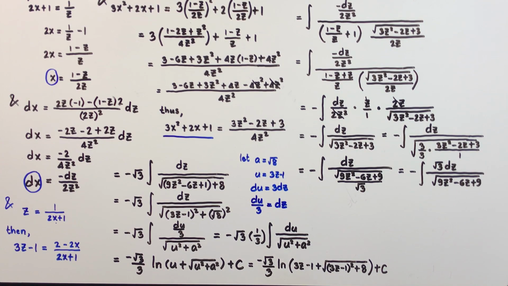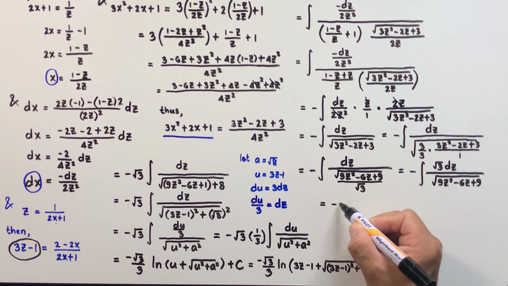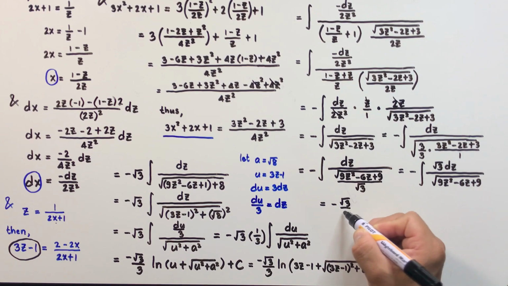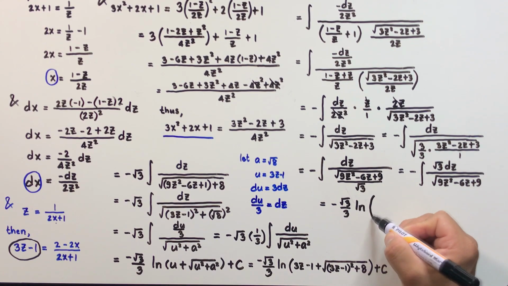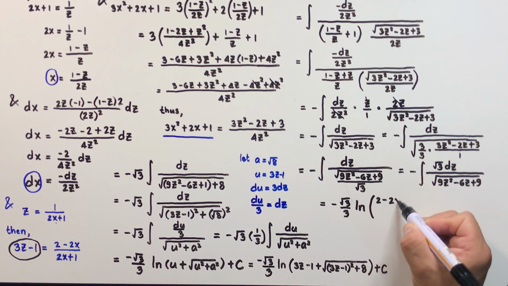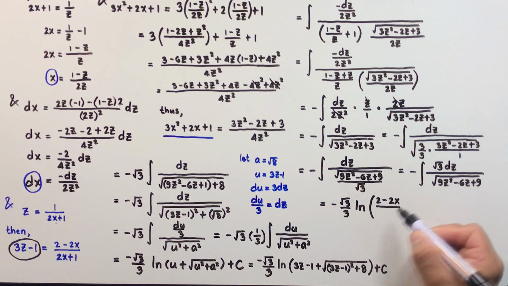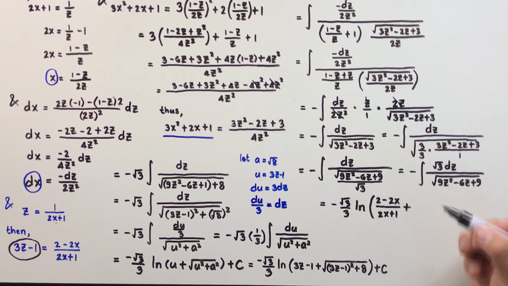So substituting our value of 3z minus 1, which is this one here, we have the negative square root of 3 over 3 times the natural log of the value of 3z minus 1, which is 2 minus 2x over 2x plus 1, and this is added to the square root of the square of 3z minus 1 plus 8.